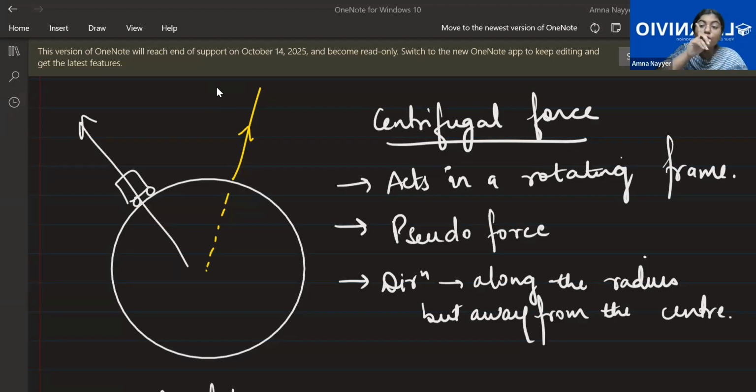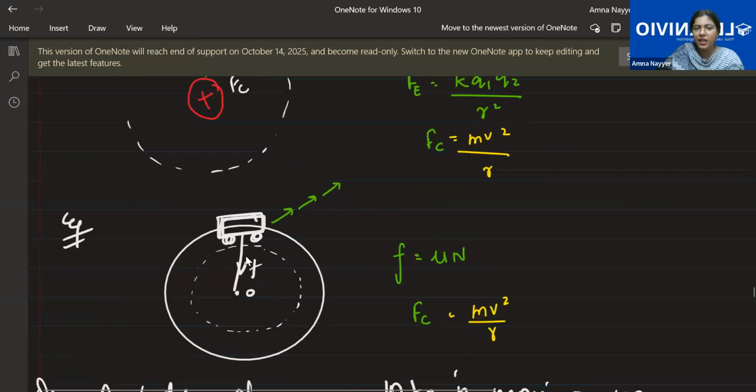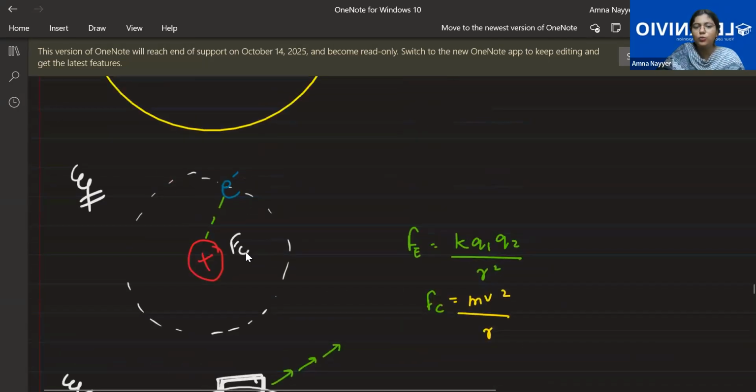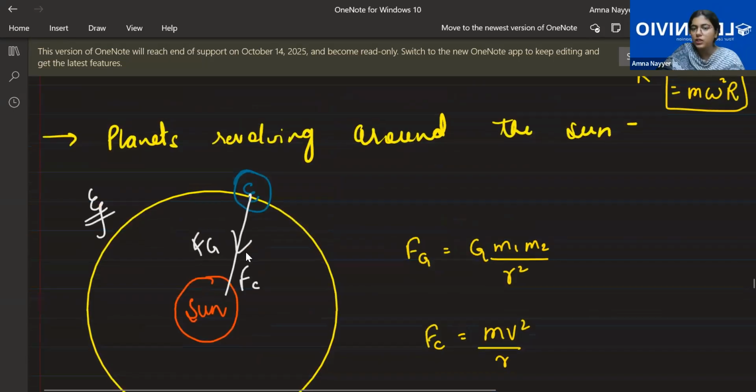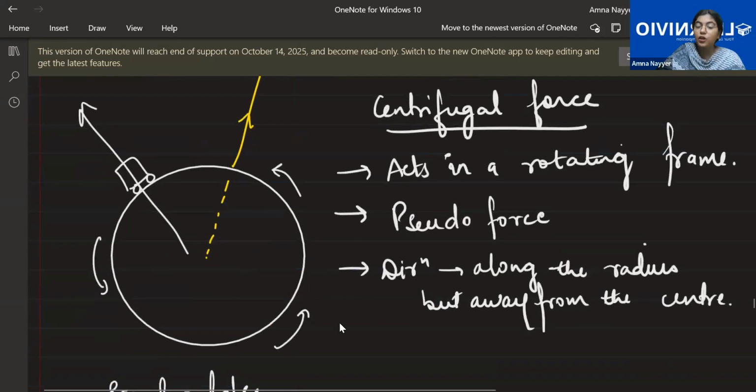But centrifugal force only acts in the system when my frame is also rotating. That's why I gave you the example of the merry-go-round. You are on the merry-go-round and that merry-go-round is also rotating. But in the case of centripetal force, we didn't have the frame to move. You don't have the road to move or the proton to move or the sun to move. So that's why this is a pseudo force, because a rotating frame means non-inertial. Got it? Is the confusion clear? Yes, ma'am. Ma'am, that's the question I was about to ask you now, but you said answer. Okay, all right.